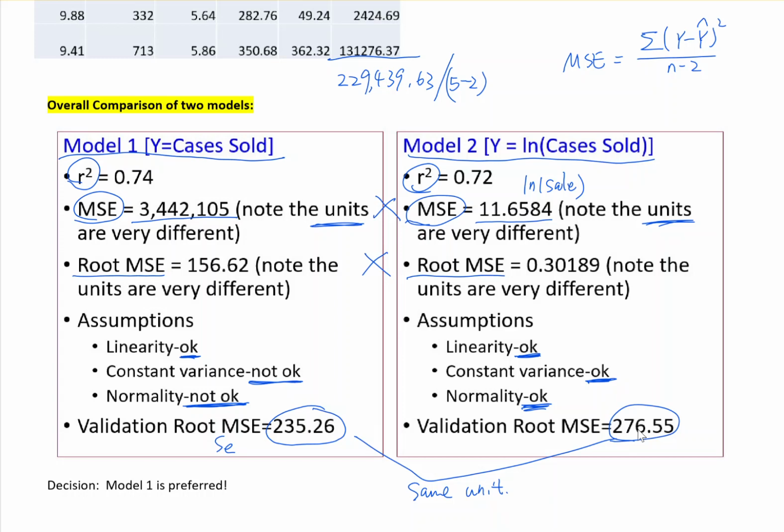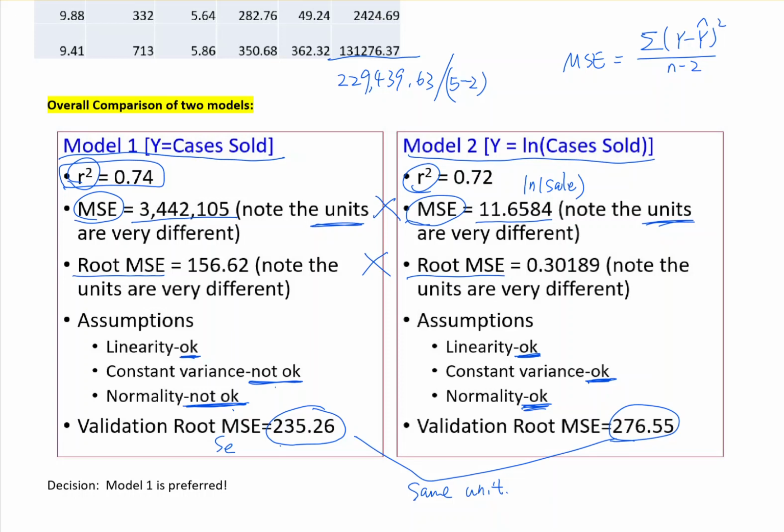Then what does that mean? We want a better model with a smaller MSE and a higher R square, right? So for this case, model 1 has a larger R square and smaller MSE, but the assumptions are not okay compared with model 2. And then we need to balance the benefit and the bad things.